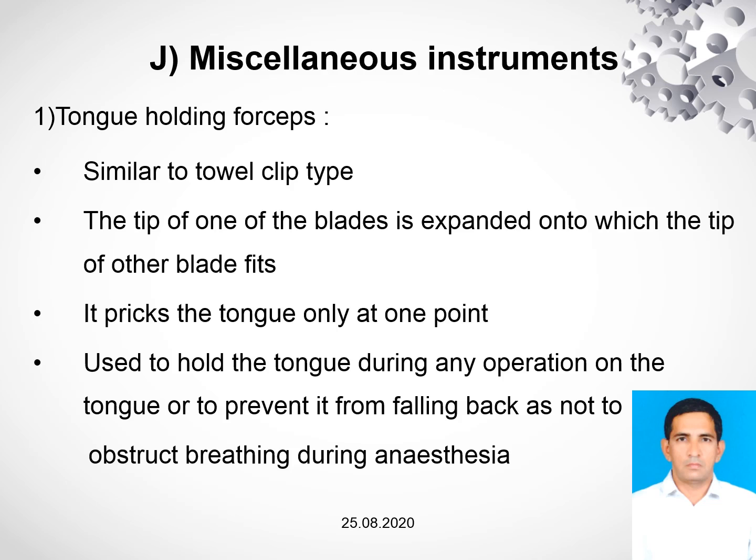It picks the tongue only at the point, used to hold the tongue during any operation on the tongue or to prevent it from falling back so as not to obstruct breathing during anesthesia.